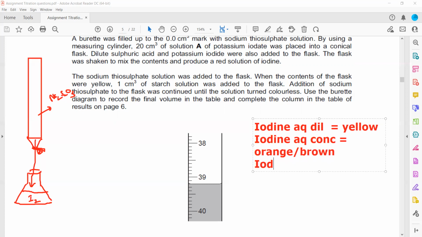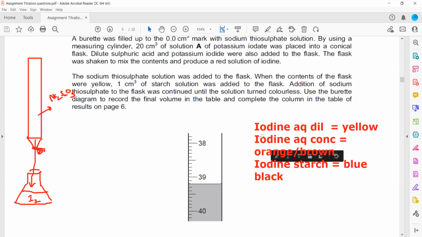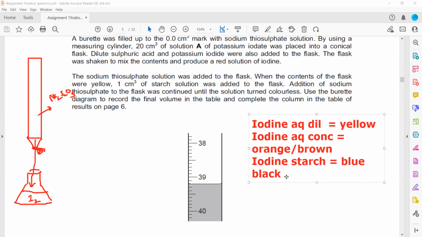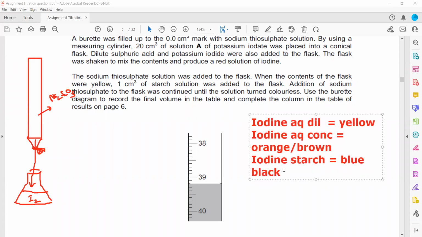If we have iodine in the presence of starch, it will be blue-black. And if we have iodine in an organic solvent such as hexane, it will be pink.